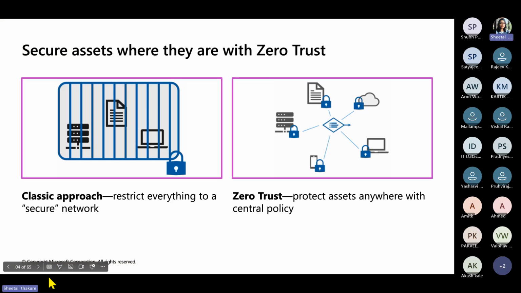So let us start with the traditional way of working, wherein you find that most of the people were working from the designated office space. They were using the office network, and everything was supposed to be secure behind the firewall of the office network.